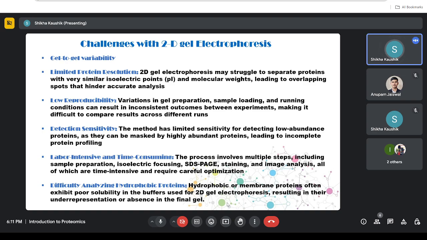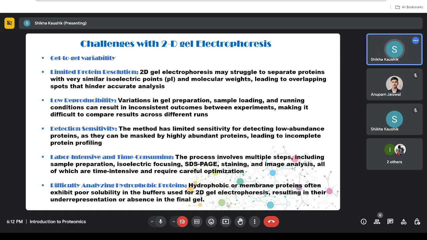So we shifted to 2D, where we use the isoelectric point, the pI of these proteins, for the first separation, followed by molecular weight based separation. But what happens if you have the same isoelectric point and similar molecular weight? Then it becomes very difficult to resolve these proteins.